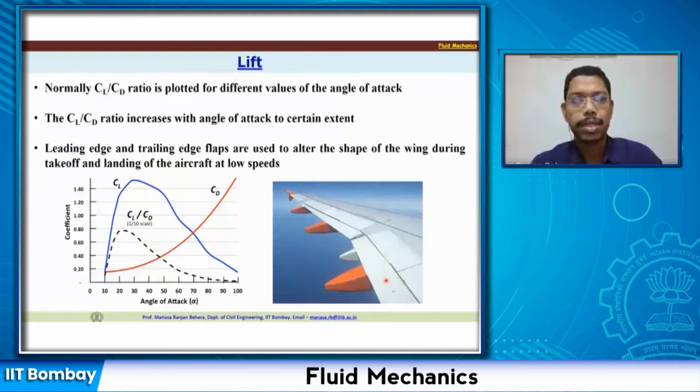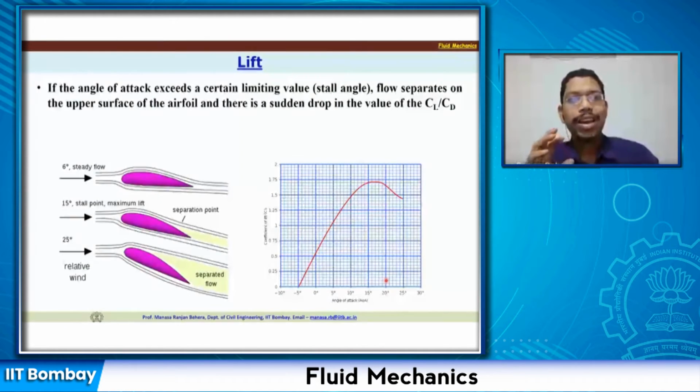All right, now if the angle of attack exceeds a certain limit, as we have seen, the flow separates on the upper surface of the airfoil, and there is a sudden drop in the value of CL by CD.